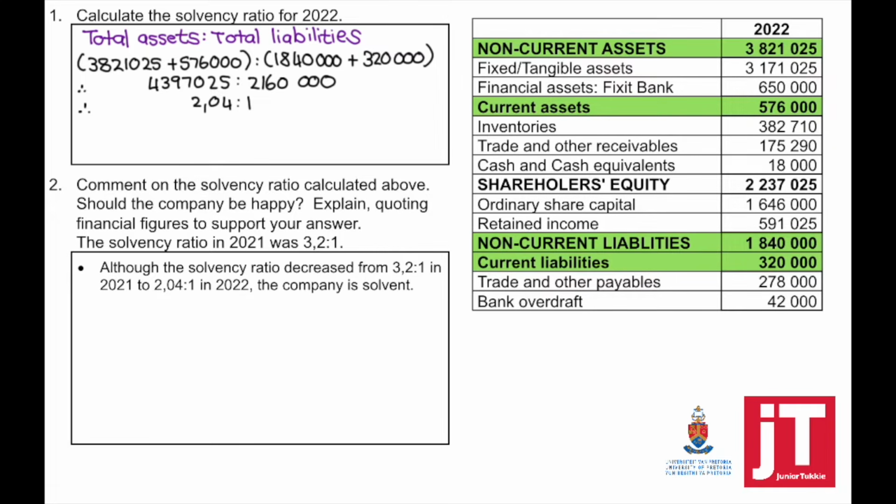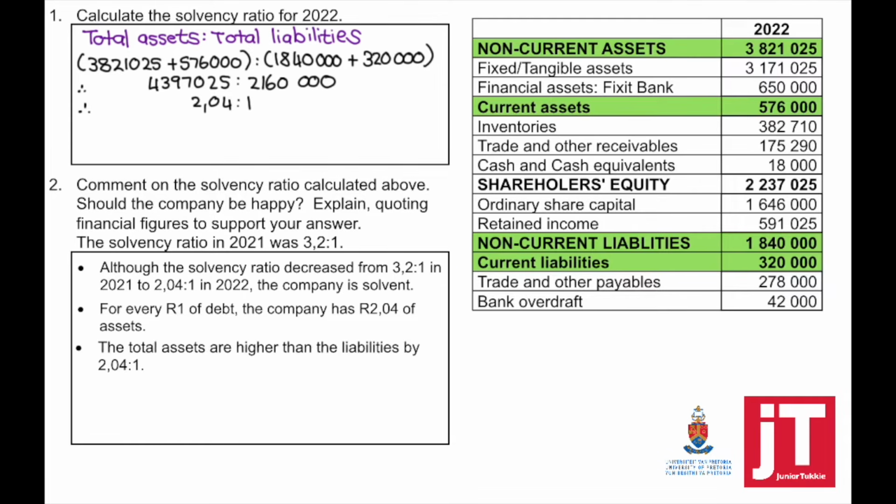That means that our total assets exceed our total liabilities. For every 1 rand of debt, the company has 2 rand and 4 cents of assets. The total assets, as mentioned earlier, is higher than the liabilities. To conclude, this means that the company shouldn't have any problem in paying off all the debts.